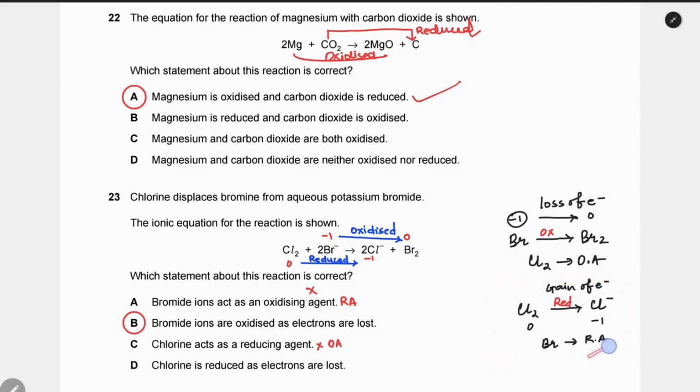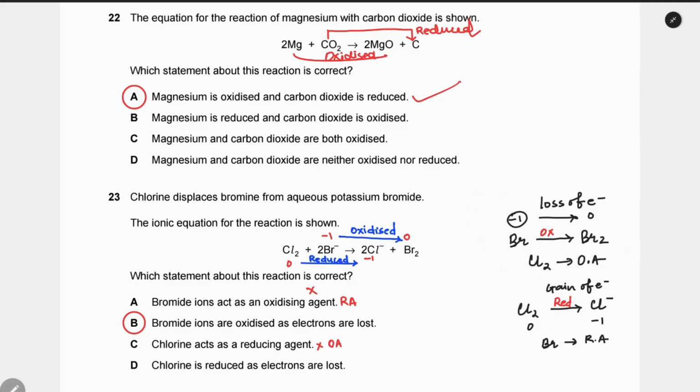Talking about bromide, it's going from -1 to 0, which means it is oxidized, which is loss of electrons, and eventually chlorine will act as an oxidizing agent.